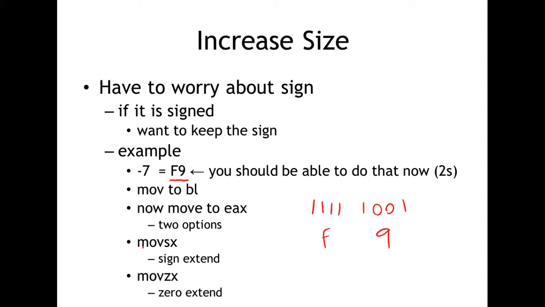We have two options: the sign extend instruction or zero extend. We're moving from that lower register, let's say this is our value here, and this is AL or BL, I guess in this case. Now we have these additional bits available in this register. What do we set those values to?